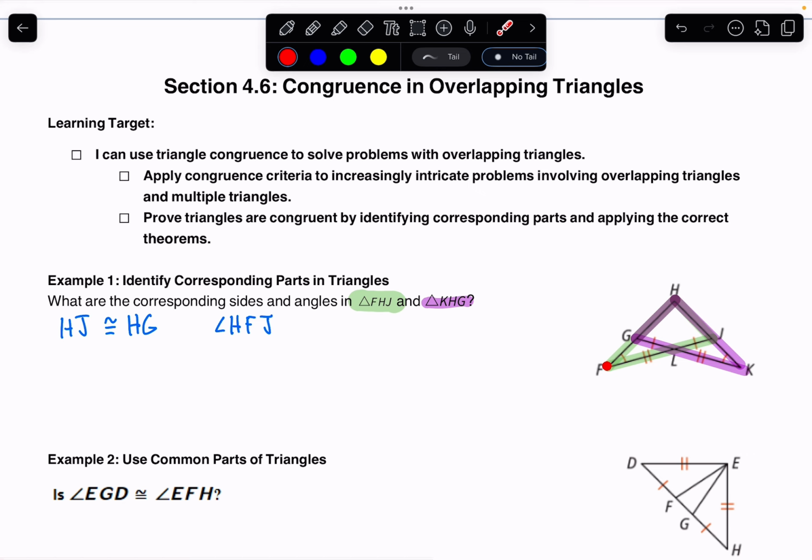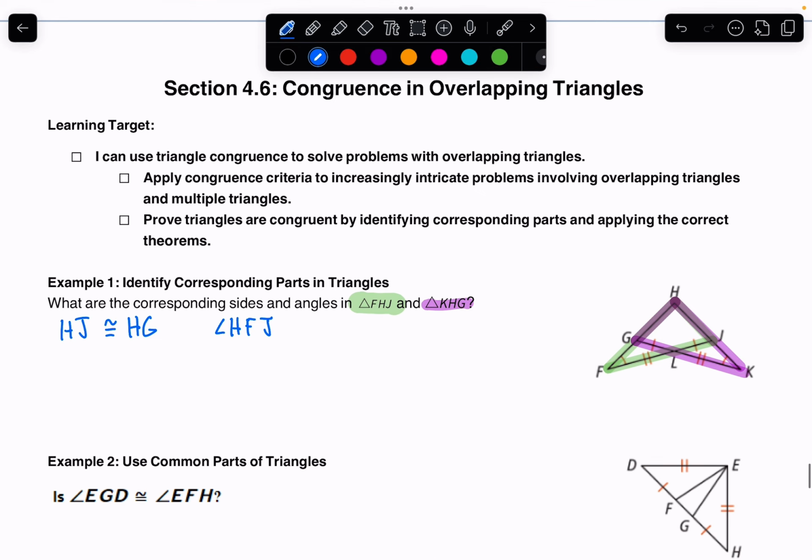That's this angle right here. And the smallest angle in the purple triangle is angle HKG, right? That's this angle right here. So pause this video for a minute and write down the other two pairs of corresponding sides and the other two pairs of corresponding angles.